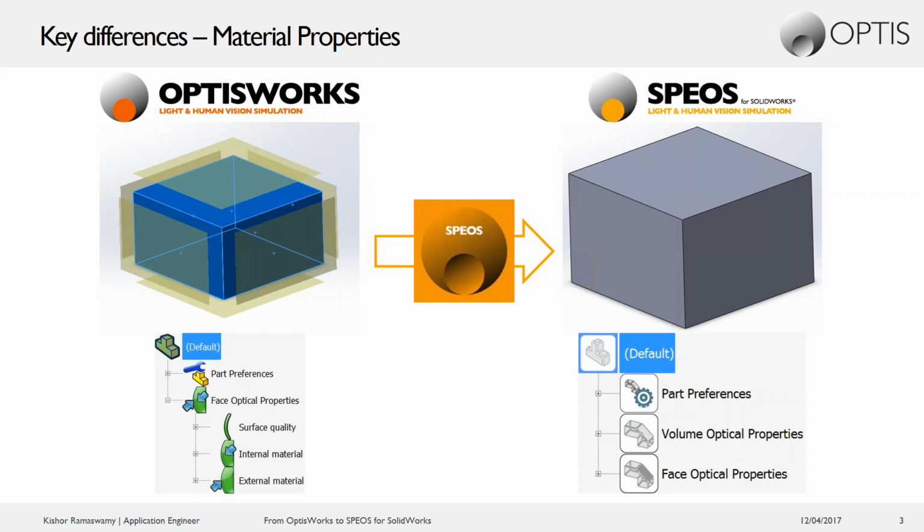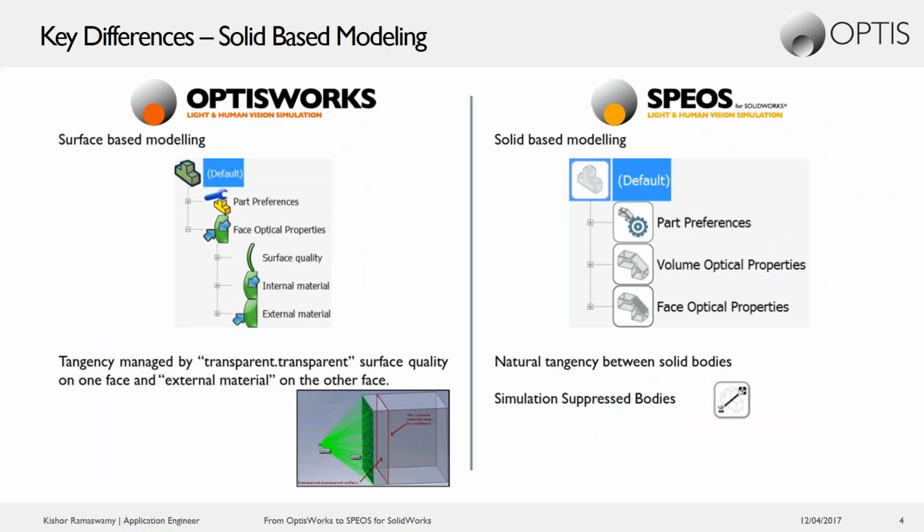By doing this, there are several advantages that we can leverage and several benefits for modeling. The first is that tangent bodies are now handled automatically by the software. This has always been something that has been a bit difficult to handle in the OPTISWORKS platform.